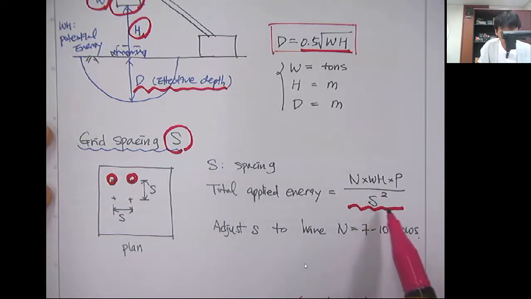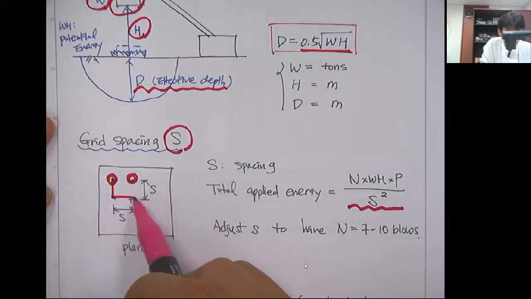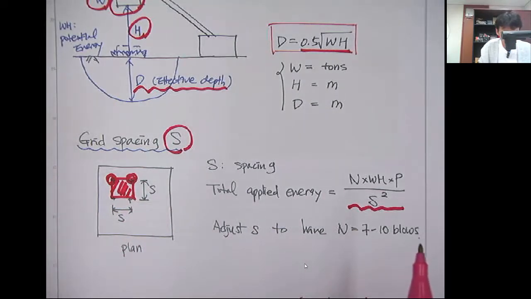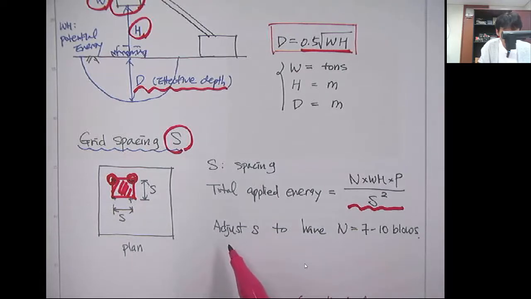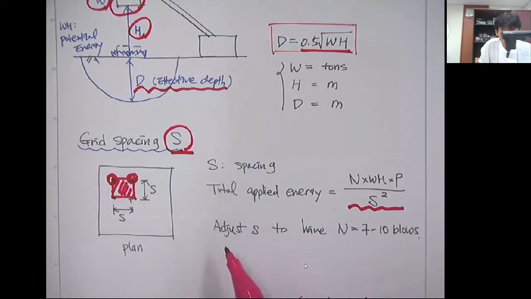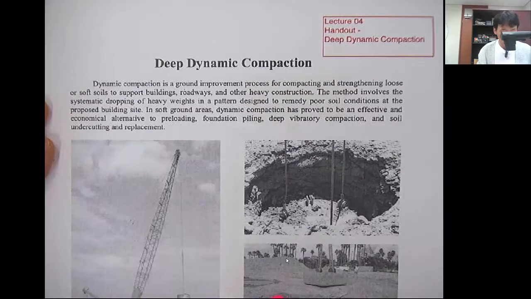S square means the unit area between these dropping points. S is one of the design parameters, so you can adjust S to have the optimum number of drops, which people typically choose to be 7 to 10 blows. So then let's move on to the handout.